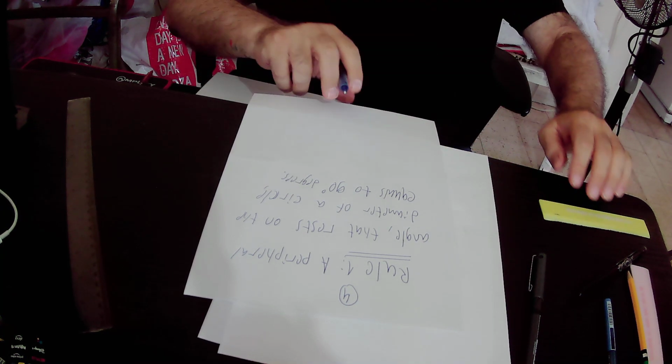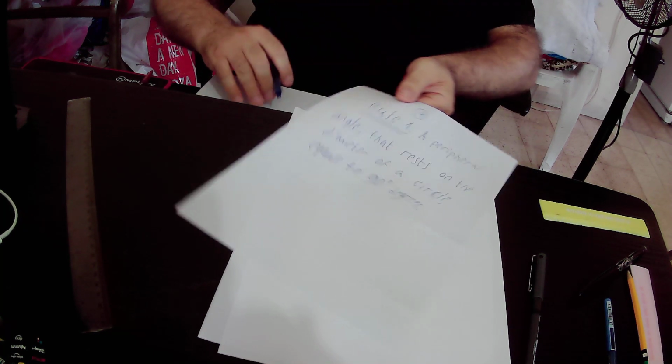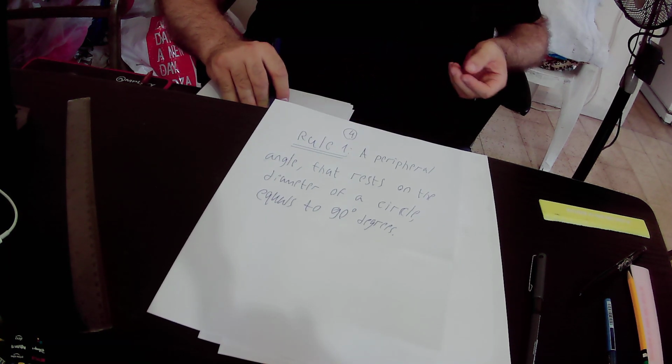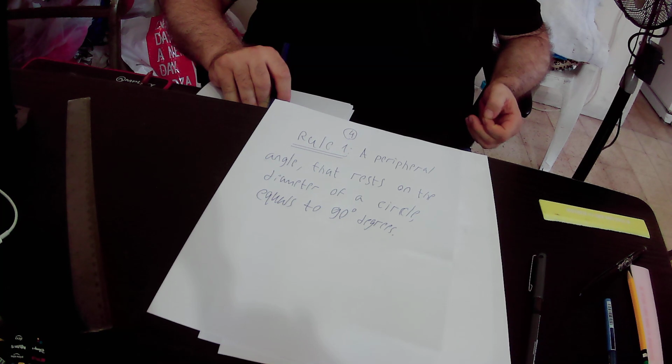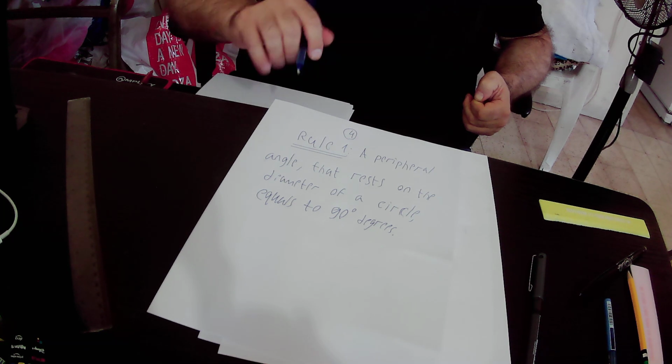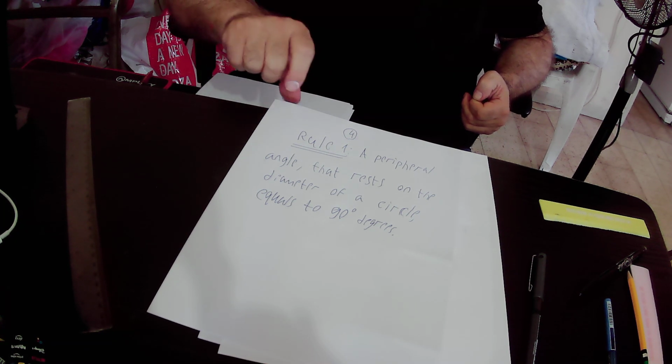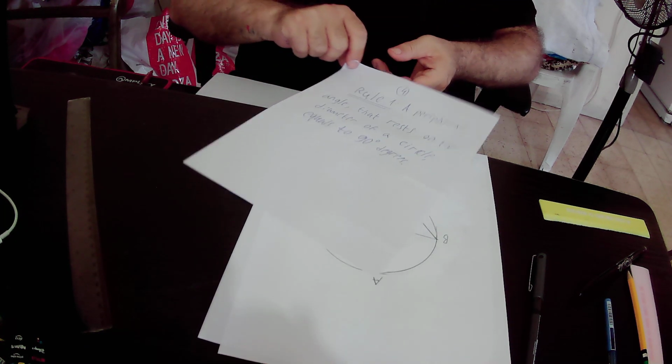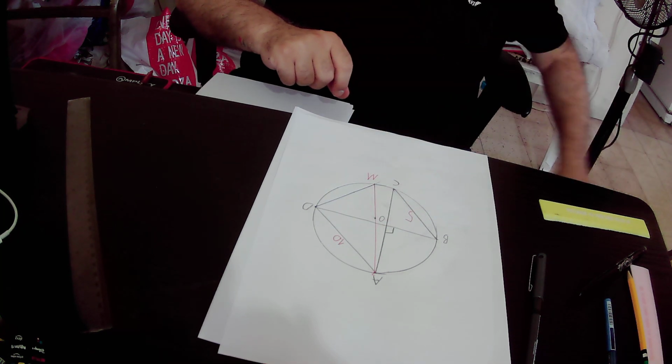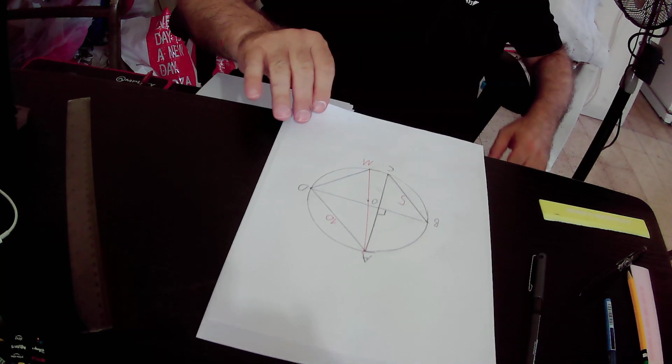So I will read again rule number 1. Rule number 1 states that a peripheral angle that rests on the diameter of a circle equals 90 degrees. Now I will give you an example of a peripheral angle that rests on the diameter of a circle.